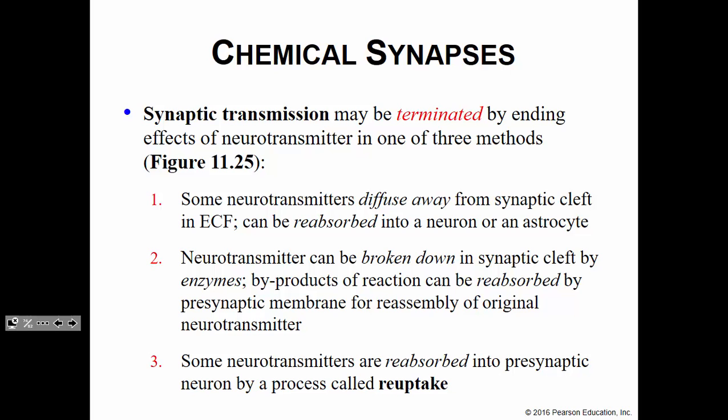The third way is that some of the neurotransmitters are reabsorbed into the presynaptic neuron by a process that's just called reuptake. So the transmission is going to continue until we get rid of the neurotransmitters. And these are the three ways: it'll diffuse away, it will be broken down by enzymes, or it's reabsorbed by reuptake.